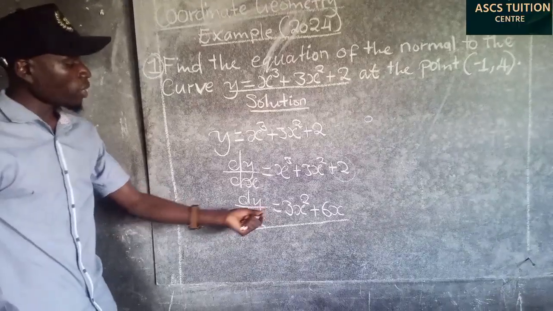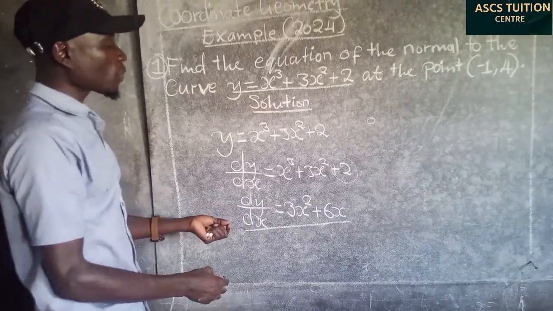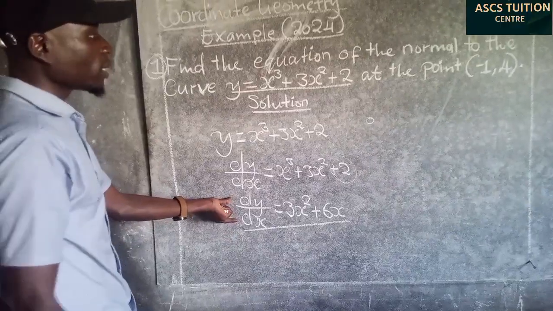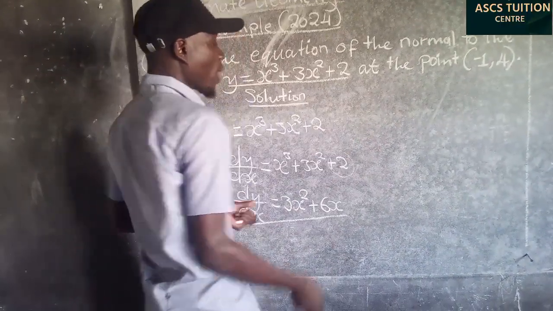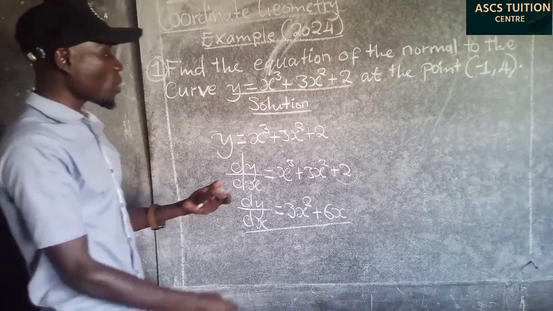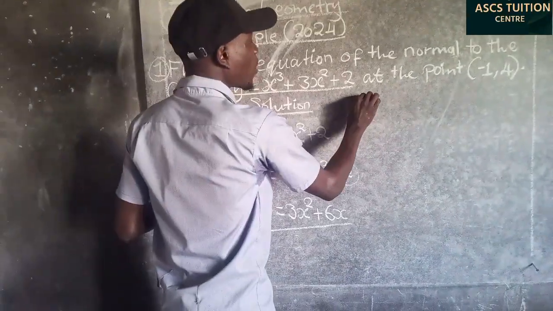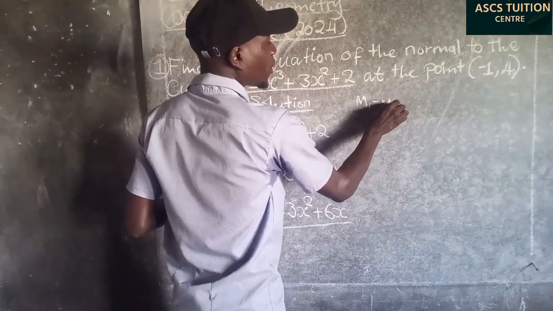Okay? What you are going to do now after finding the dy/dx, you are going to say, let's find now the gradient. So you will say, the gradient, we know that dy/dx is equal to gradient. And so we will say gradient 1, if you remember, minus gradient 2.